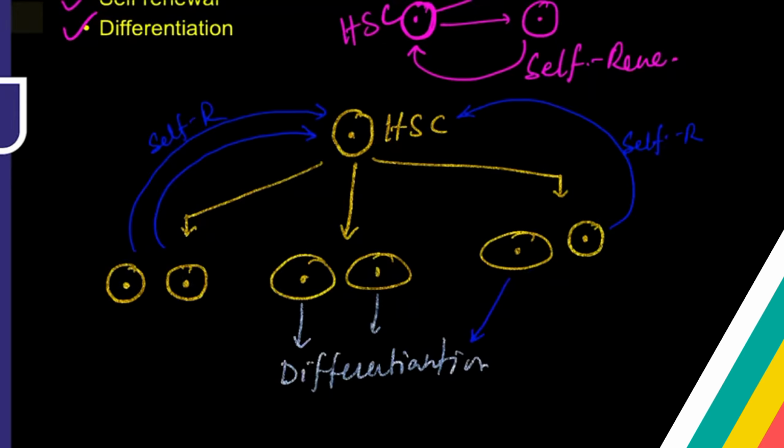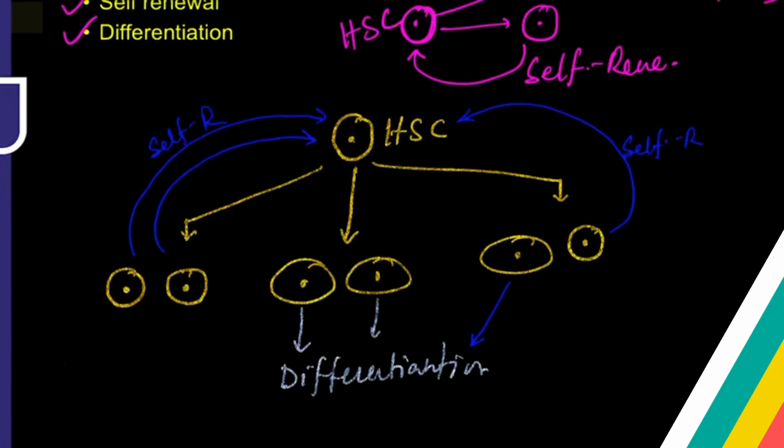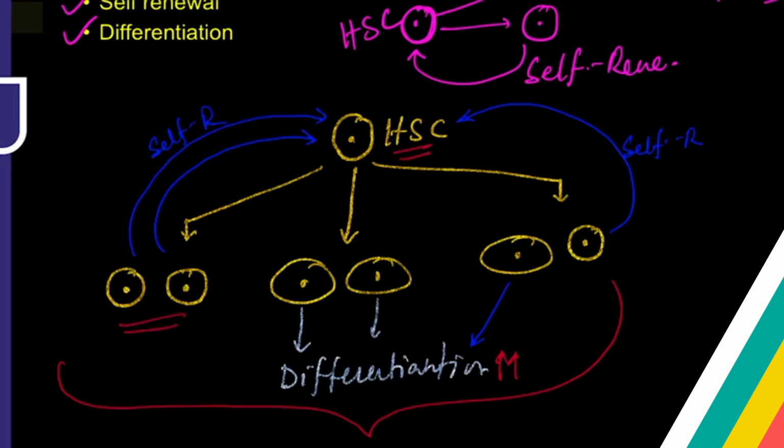So always there is a balance between these three pathways in the body. If your mature cell demand is more, then this differentiation will increase, right? But whenever your hematopoietic stem cell reserve is going to be a little decreased, it will divide more in this fashion. So this way, hematopoietic stem cell is continuously dividing.